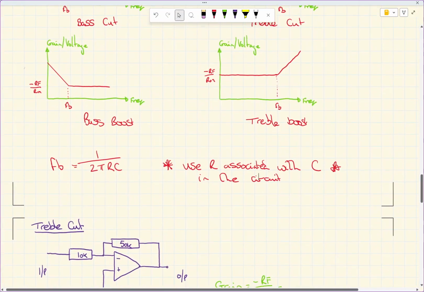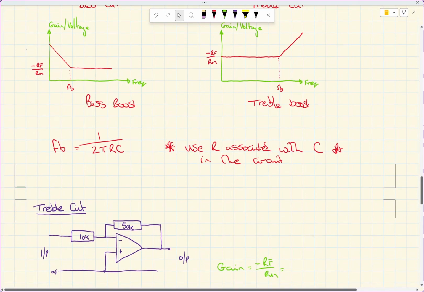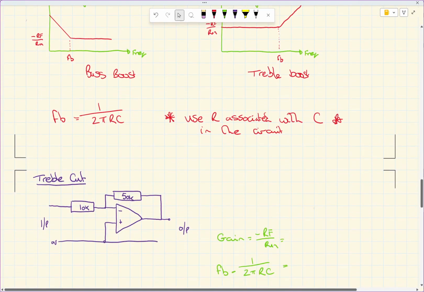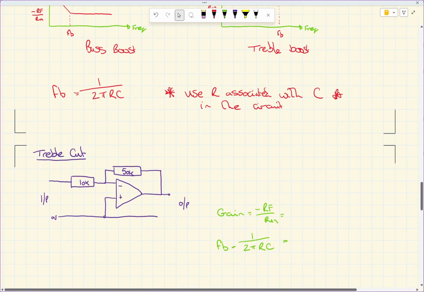So if we look at focusing in on a treble cut circuit to start with, let's just get it all into view. So there's my treble cut circuit. To make that into a treble cut circuit, these are the easiest.